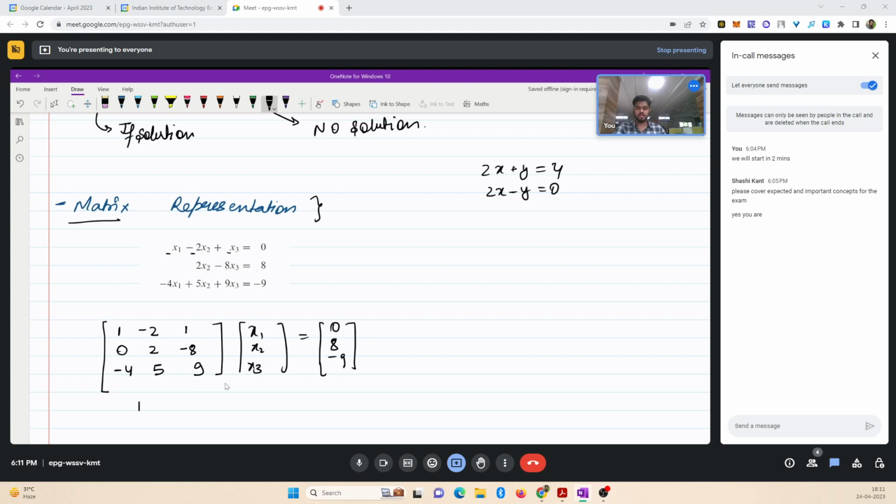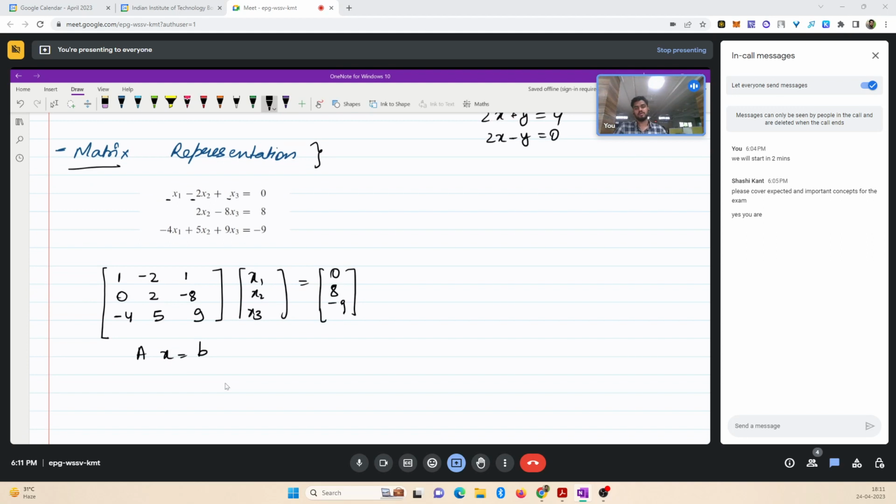Now we have written it in the form Ax = b, right? If you pre-multiply both sides by A inverse, what you obtain is A inverse A x equals A inverse b. This means that your x is nothing but A inverse b.